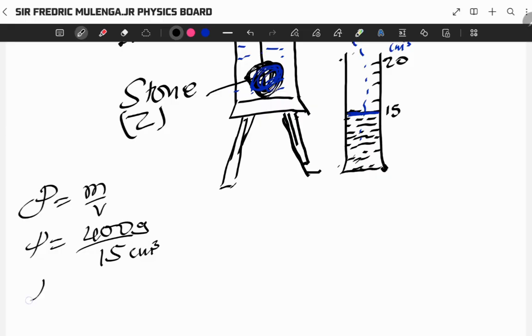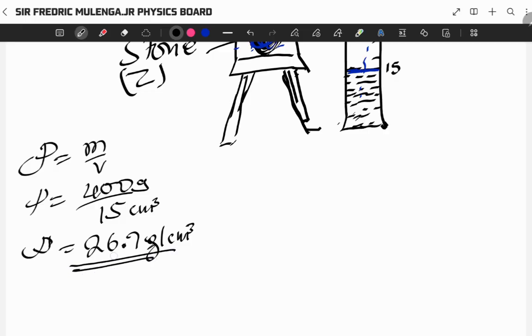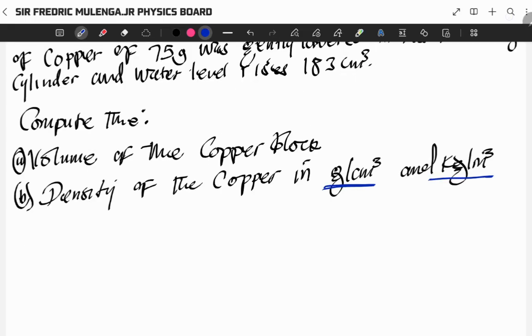So this will just give the density of 26.7 grams per centimeter cubic. Okay, and this is how we solve the density of an irregular object. First, we can go ahead and try this.